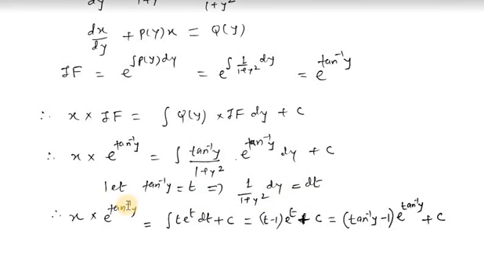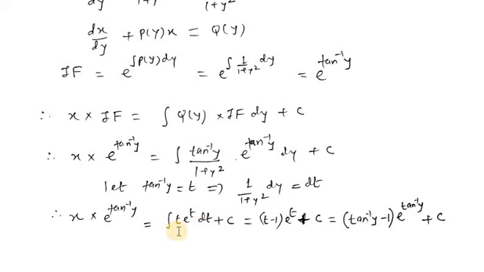So x into e raised to tan inverse y as it is, and this is equals to tan inverse y, replacing tan inverse y by t, and e raised to t, and replacing 1 over 1 plus y square dy by dt, and plus c as it is.